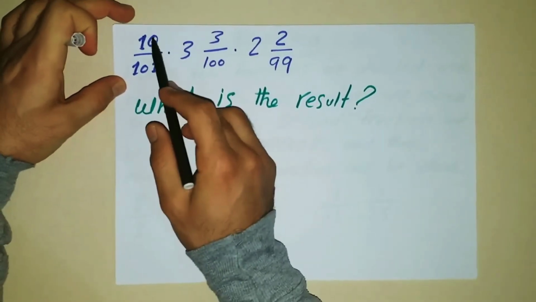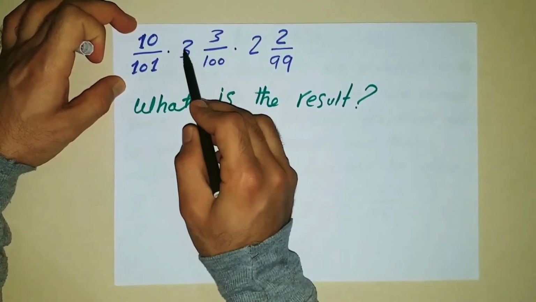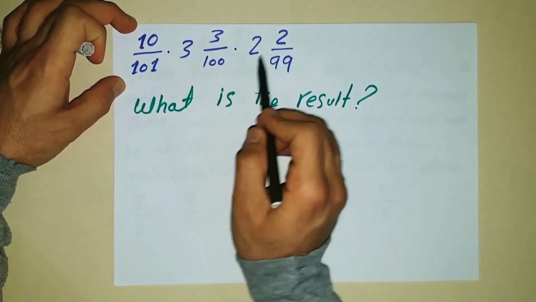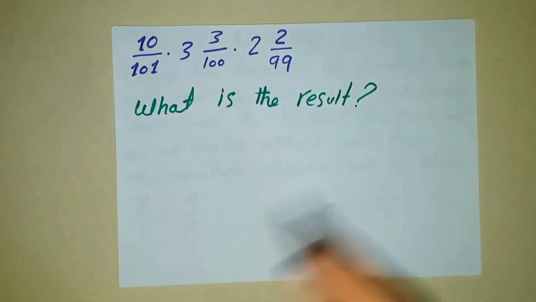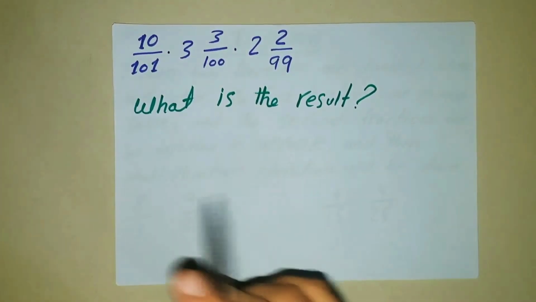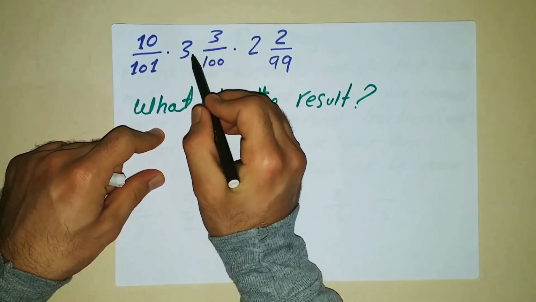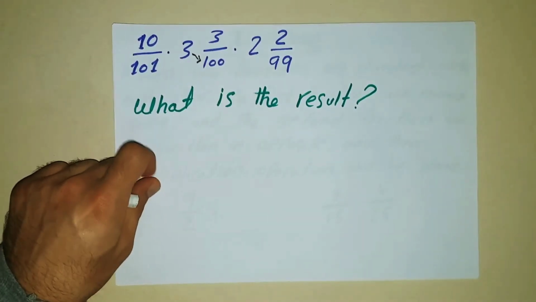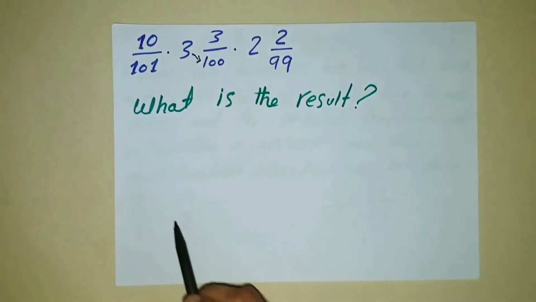What is the question? 10 by 101 multiply by 3, 3 all 3 by 100 multiply by 2 all 2 by 99. So in my previous videos, if you have watched them, like how I was multiplying this, I was going to multiply with this, then I am going to add this one with him.